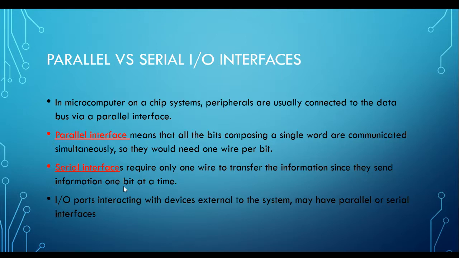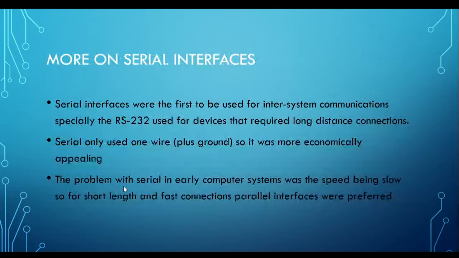But when it comes to serial, you have to have certain protocols, especially when you want to communicate with multiple devices. RS-232 is a classic example. In fact, if you go for an embedded class, the first thing they teach you is RS-232, the most basic serial communication.